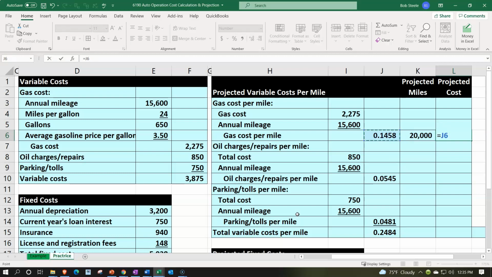That's our scenario. So we're going to then say the 0.1458 times the 20,000 means we're going to project out costs of 2,917 as opposed to the 2,275. We got the 20,000 here as well. So we think the oil is going to cost us 0.0545 times 20,000, about 1,090.